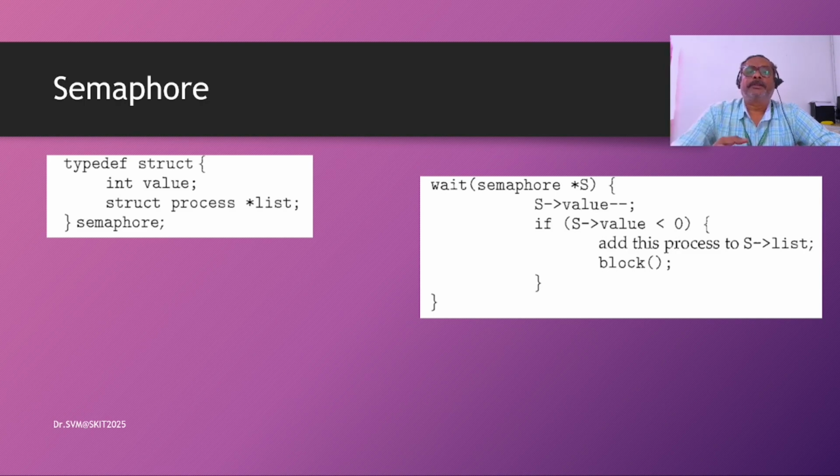There were 5 printers, so the value of that semaphore was 5 to start with. The first process makes a request for the printer. It calls wait on the semaphore corresponding to the printers. 5 printers were available, so it first reduces by 1.